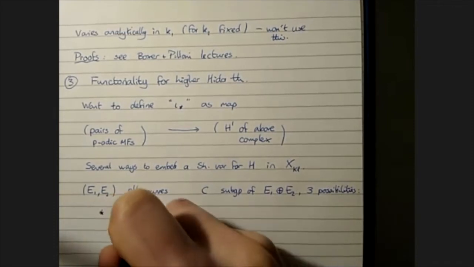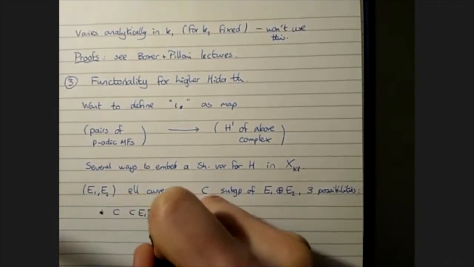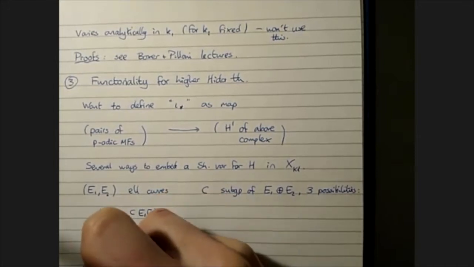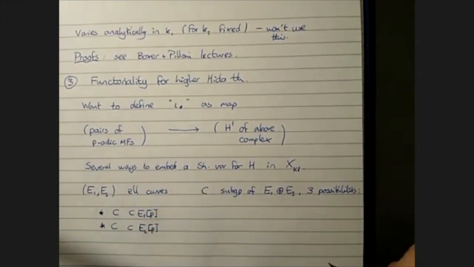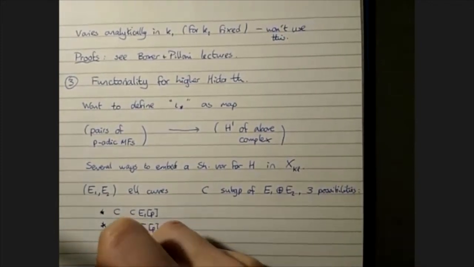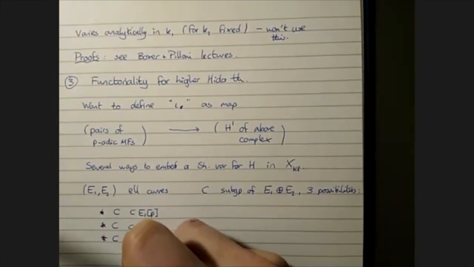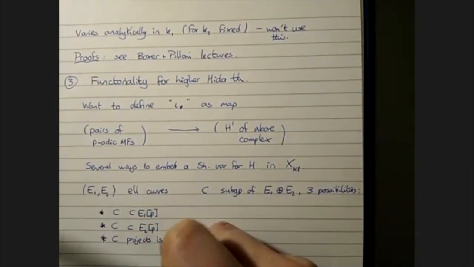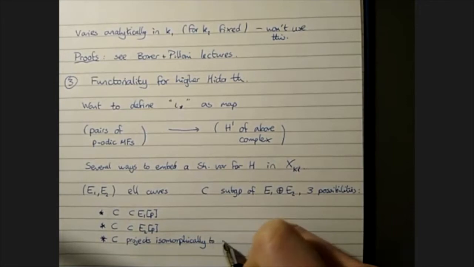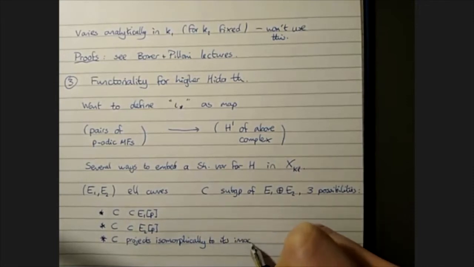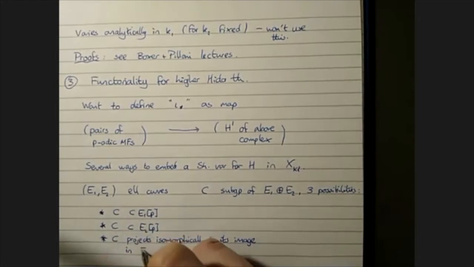We can have C inside the p-torsion of E1. We can have C inside the p-torsion of E2, or, and this is the less obvious and more subtle possibility, C projects isomorphically to E1 and E2.